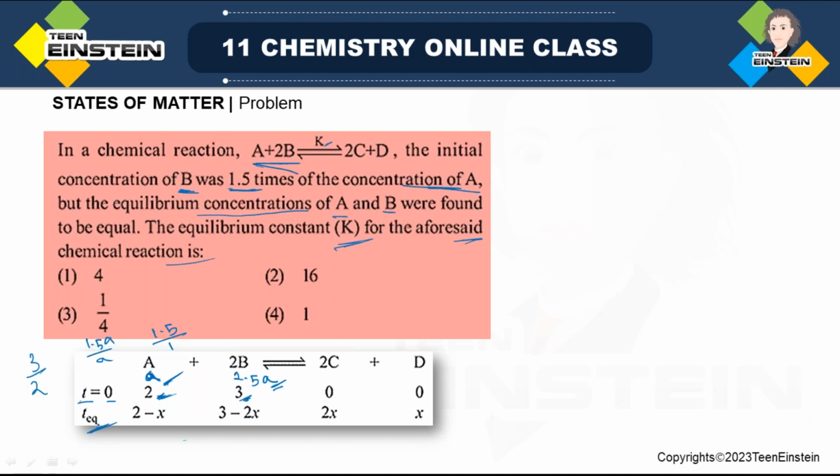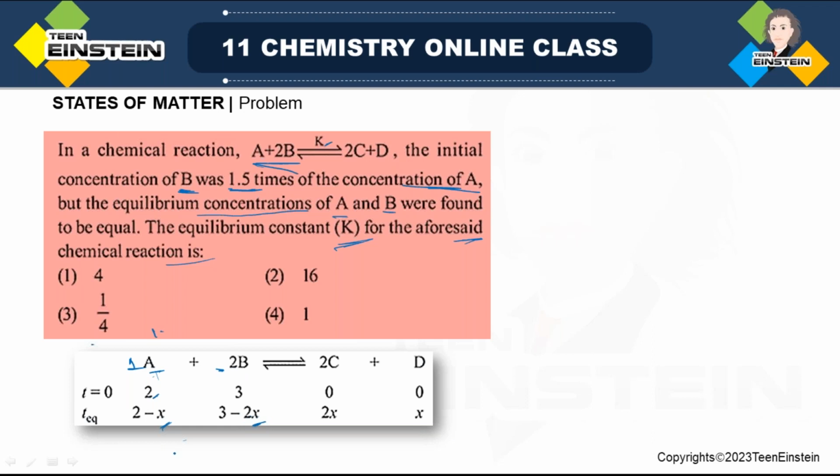Now once equilibrium is reached, look at the coefficients of A and B. The coefficients of A and B are basically 1 and 2. That means out of 2 moles, if x moles are consumed at equilibrium, obviously 2x moles of B will be consumed, because the stoichiometric ratio is 1:2.